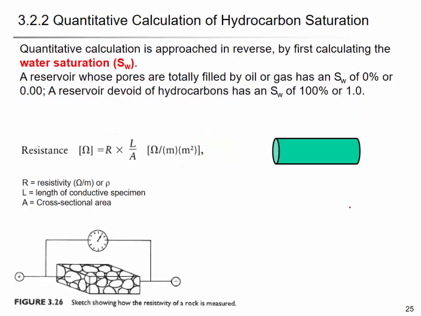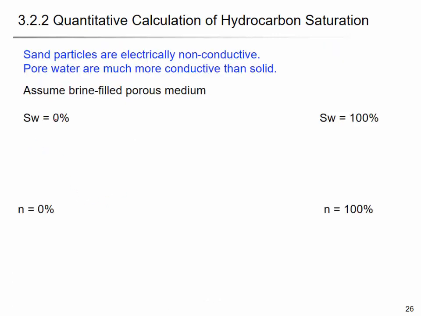So this is just again the review about the electrical resistance and the resistivity. So this is the resistivity here, right? R or the rho. And so sand particles are electrically non-conductive, and pore water is much more conductive than the solid.